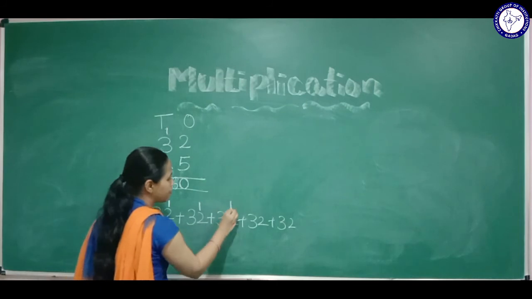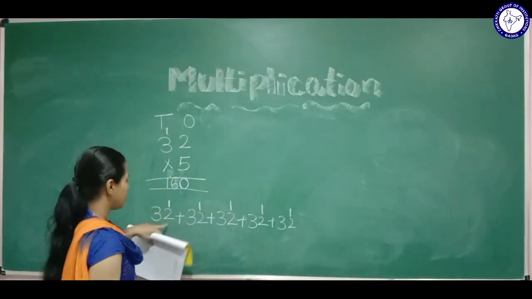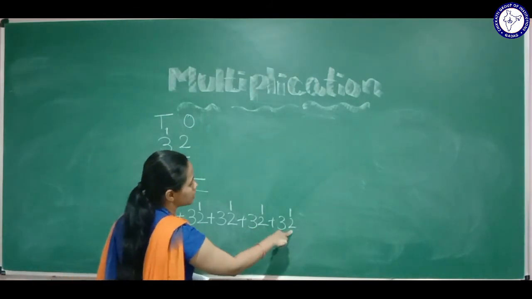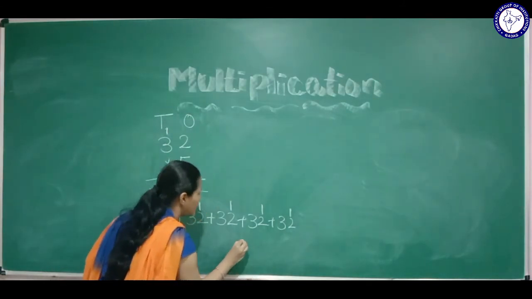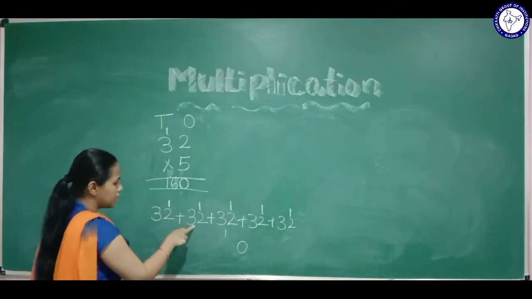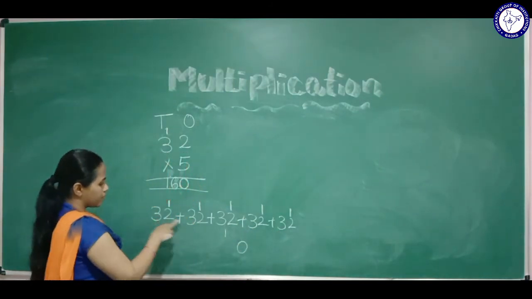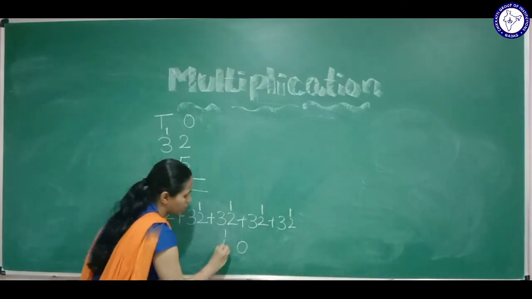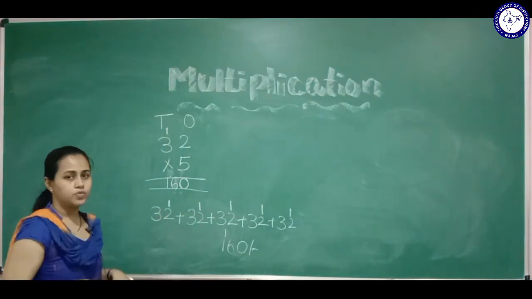First in the ones place, 2 plus 2 plus 2 plus 2 plus 2 is what? 10, right? So I'll keep 0 here and 1 as the carry. 3 plus 3 plus 3 plus 3 plus 3 is 15, right? So 15 plus 1 is 16. So we got the same answer as we saw here, right?